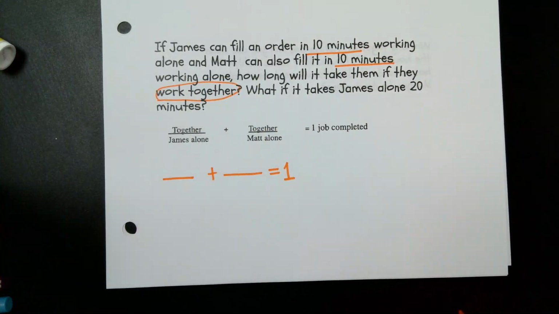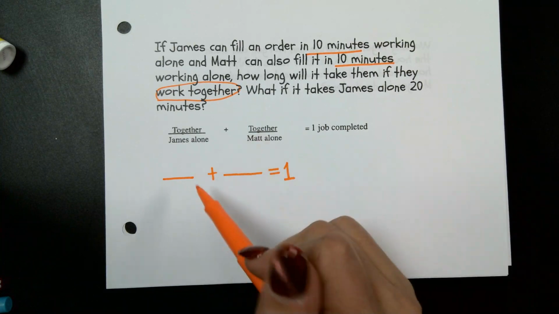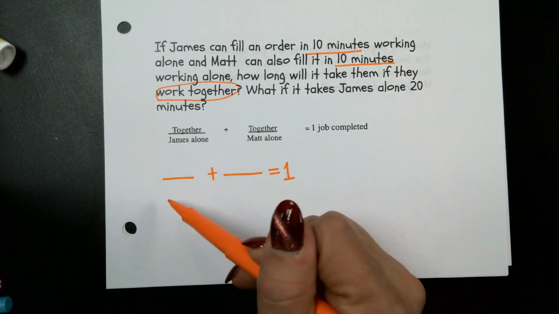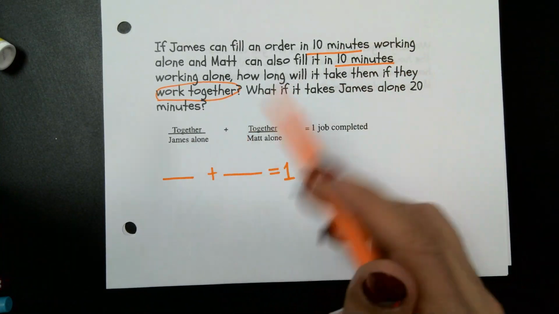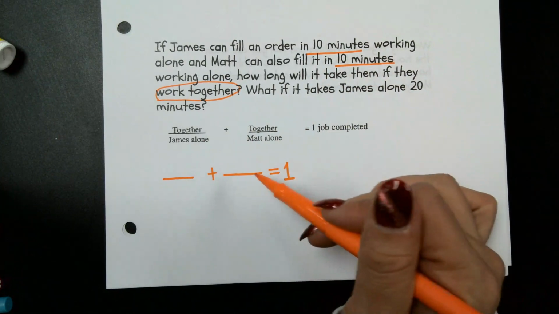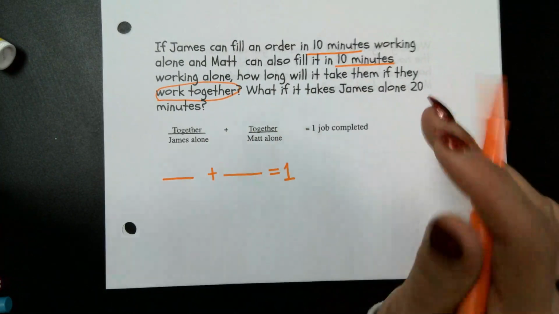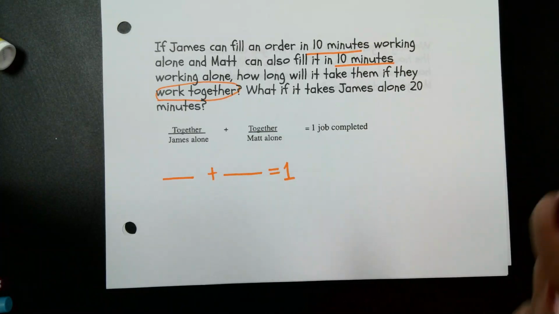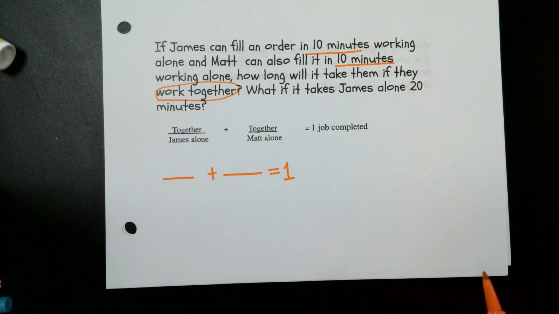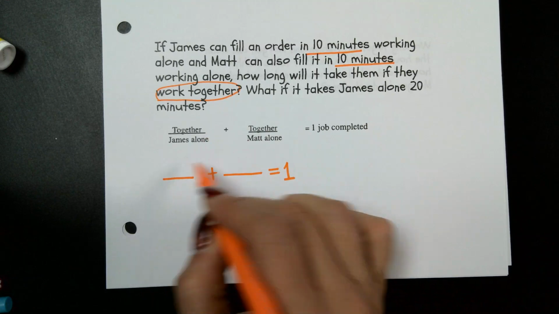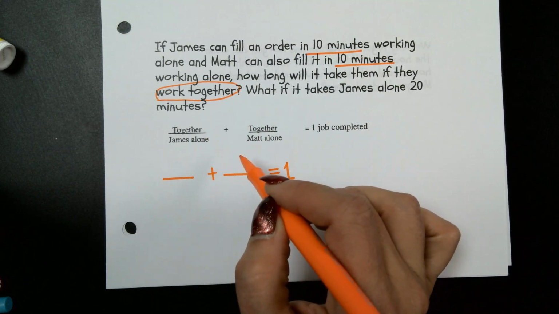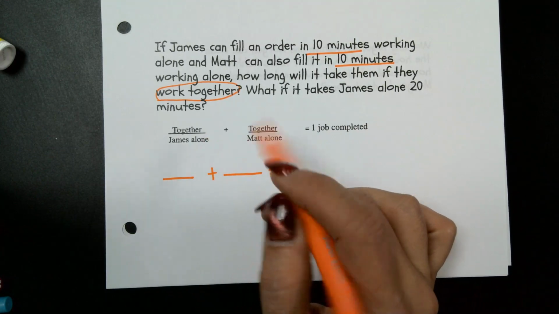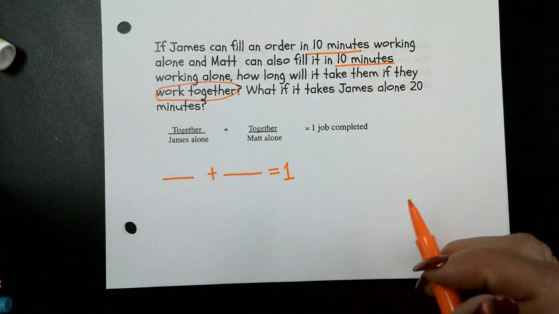Set it up like this. We're going to have James's portion of the job plus Matt's portion of the job, and together it'll be one whole job. If two people work together, you would expect that to be the smaller number, right? Because it's going to take them less time if they work together.